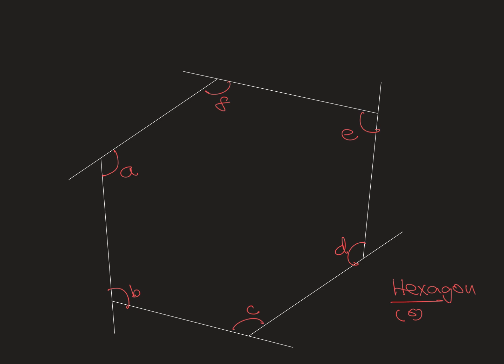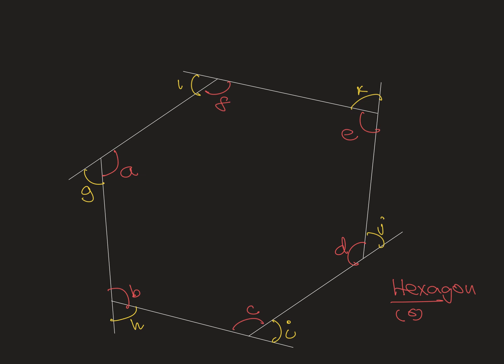So what are exterior angles then? Let's say we have angle G, angle H, angle I, angle J, angle K, and angle L. These angles are what we call exterior angles.